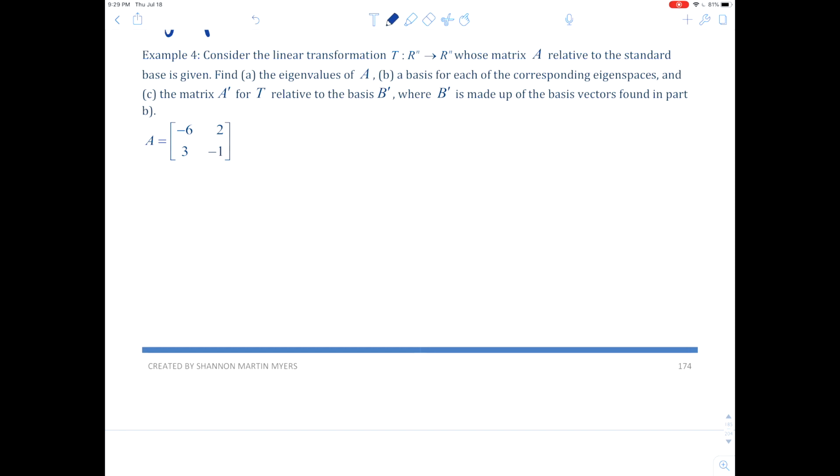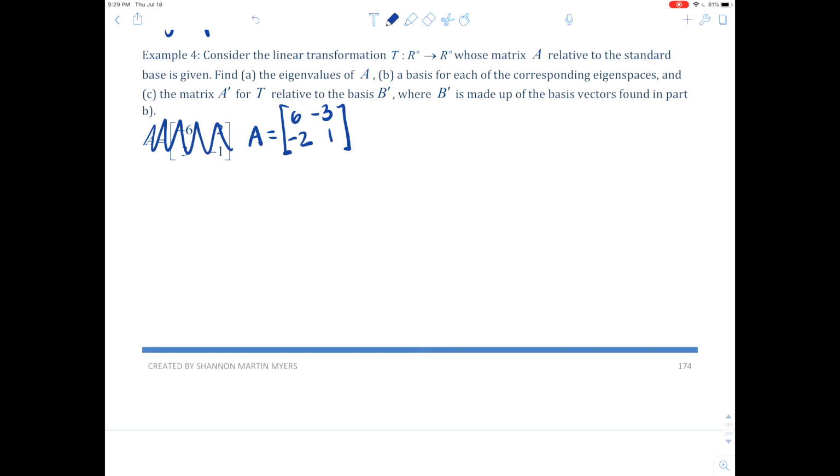Basically with this one, we have been given this matrix A, which is relative to the standard basis. But you know what? Unfortunately, I'm very sorry. There is a typo here. This should have been A equals 6, negative 3 going across, and then negative 2 and 1 going across on that second row.